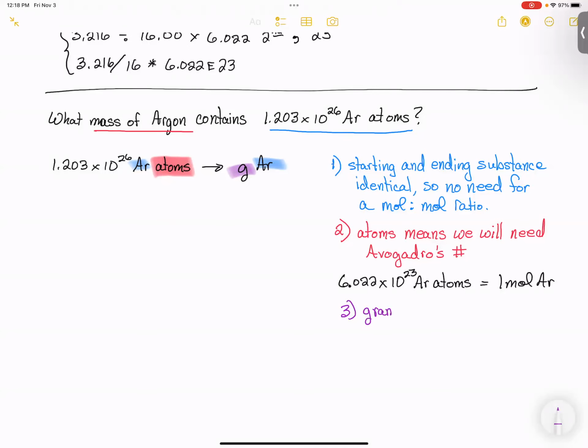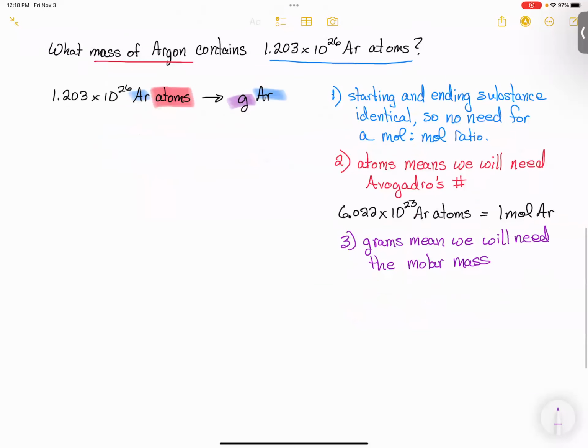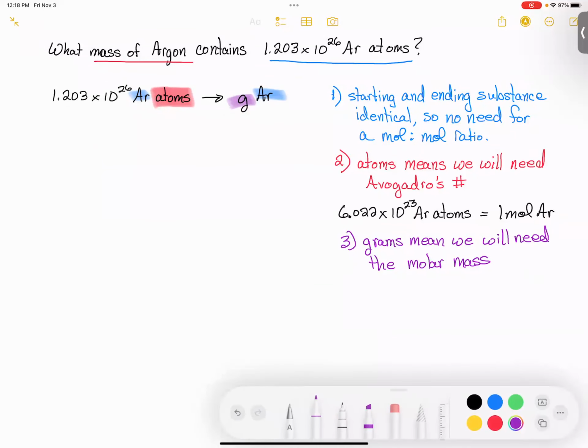Grams means molar mass. Argon has a molar mass of 39.95 according to the periodic table.